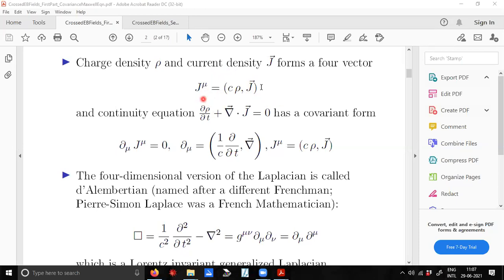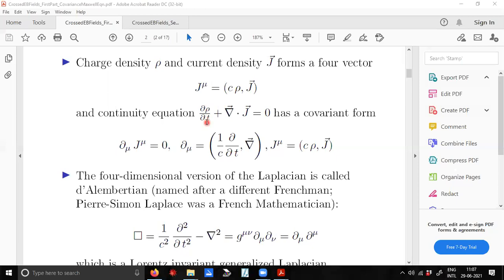So I consider a Minkowski space and I constitute a 4 vector J mu, of which c rho is the 0th component and J is the 1, 2, 3 component. It's a vector. Earlier, we used to treat rho separately and J separately, like how we treated space separately and time separately. But now I put them together.